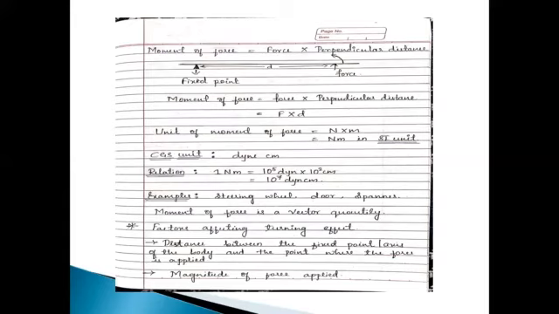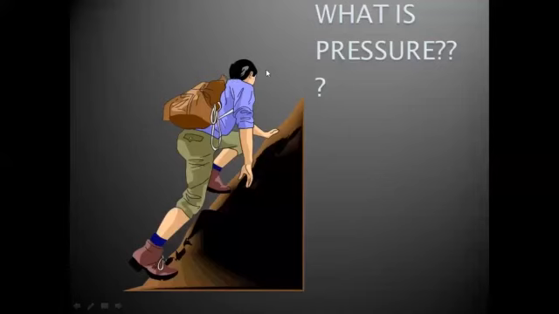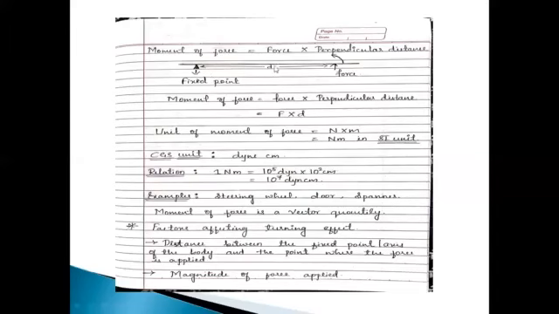Next, moment of force is given by force into perpendicular distance. Think that it is your pen, held at one point. Just apply force on the other end. The pen starts to rotate about the fixed point.